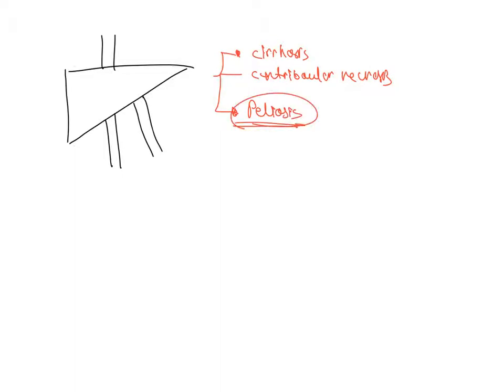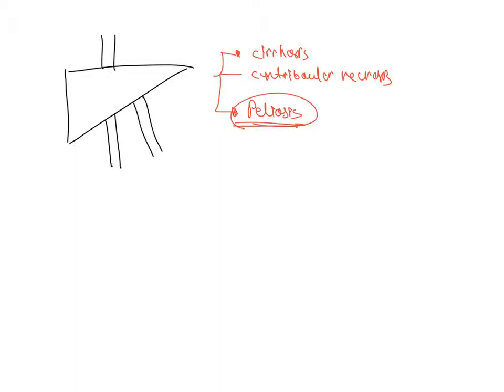Then coming back to intrahepatic obstruction, in which the causes are numerous. One is cirrhosis, central lobular necrosis, and the third one is obviously peliosis. Quite rare complication though, not necessary to know it.